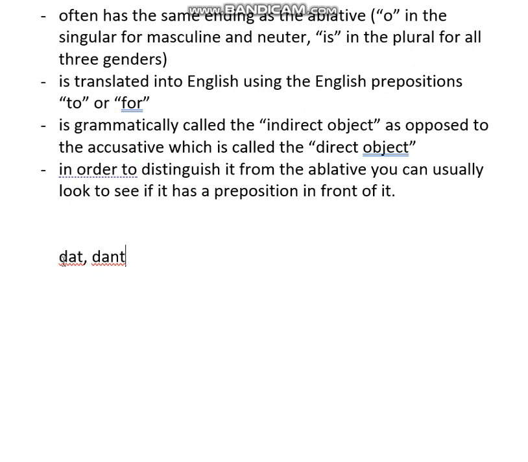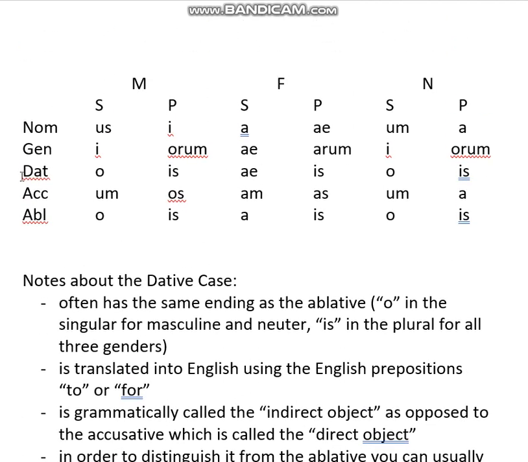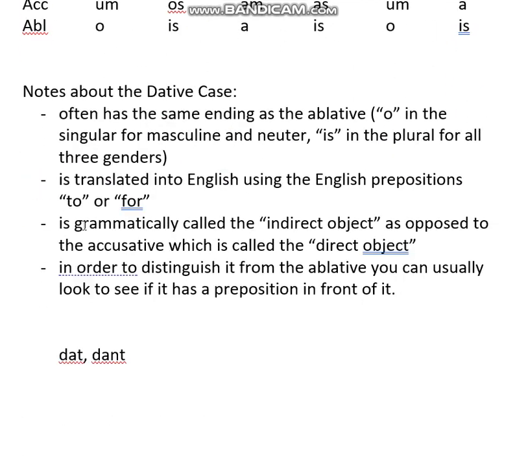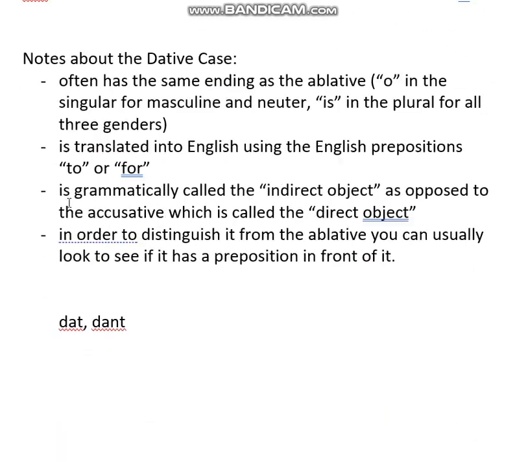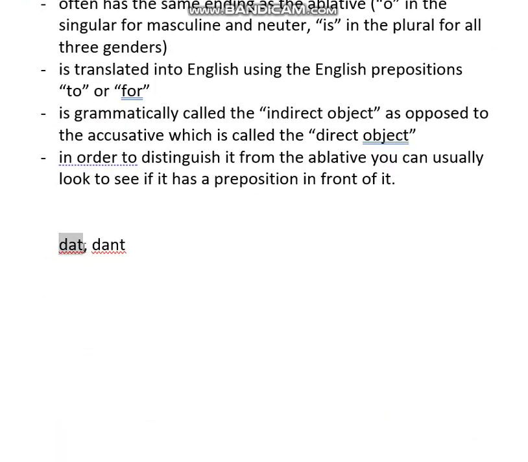And this is why the dative case is called the dative, and you can even see that in the abbreviation. It's because it basically comes from this word here, dō, dare, or dat in the third person singular.